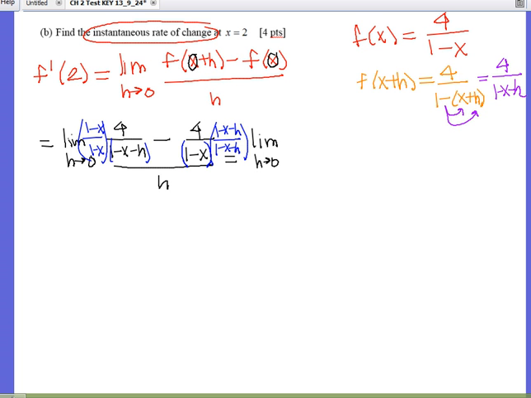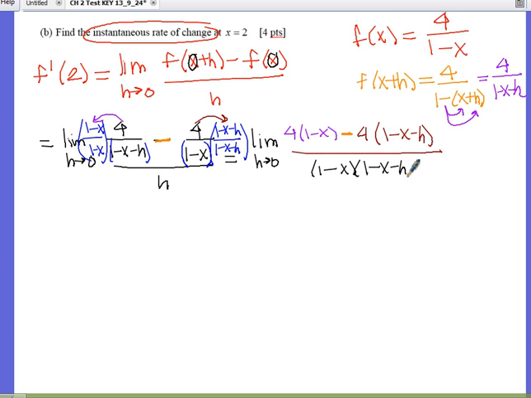So here I'm going to multiply my numerator, so that'd be 4 times 1 minus x. The middle piece, that minus sign, is right here, and then I'm going to distribute this piece, 4 times 1 minus x minus h. The common denominator was 1 minus x times 1 minus x minus h, and if you remember me telling you, you do not need to multiply out your denominator.